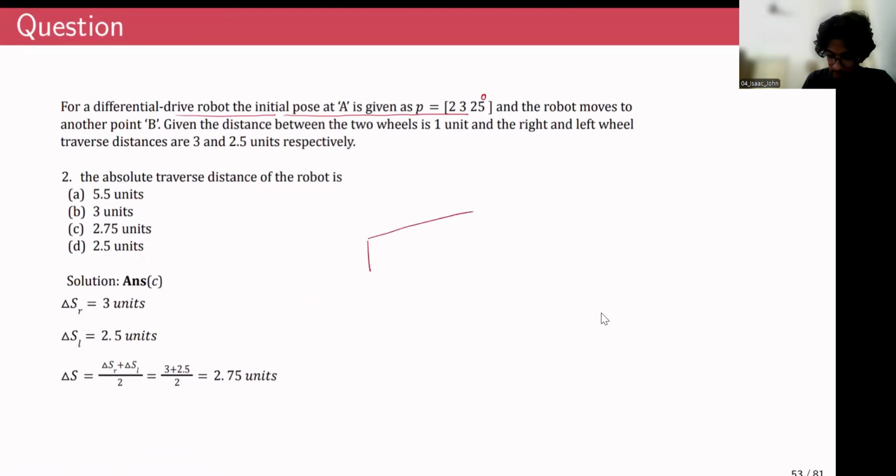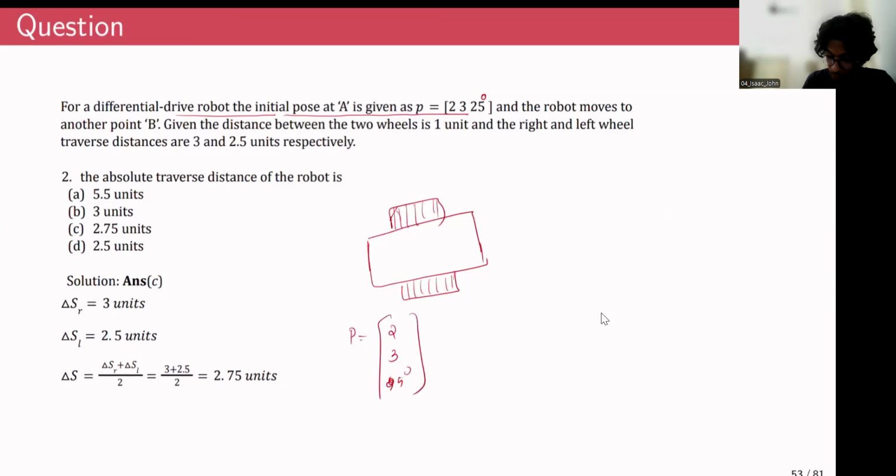I'll depict this as the initial pose for a differential wheel robot, and these are the wheels. So the initial position is given by 2, 3, and 25 degrees.